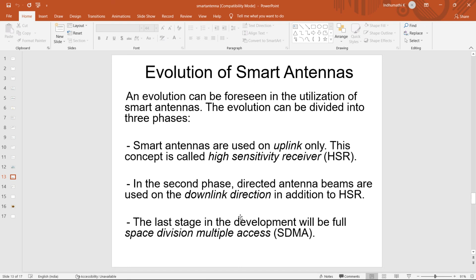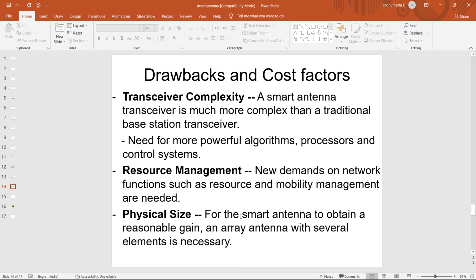The drawbacks are mainly the cost factor, because network functions such as resource and mobility management are needed, which may cost very high, and transceiver complexity, because a smart antenna transceiver is much more complex than a traditional base station transceiver. You have to change the full system, so it is very complex.